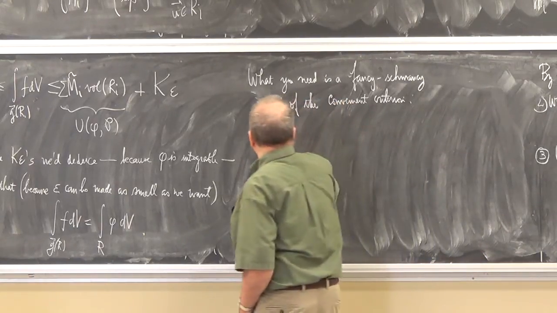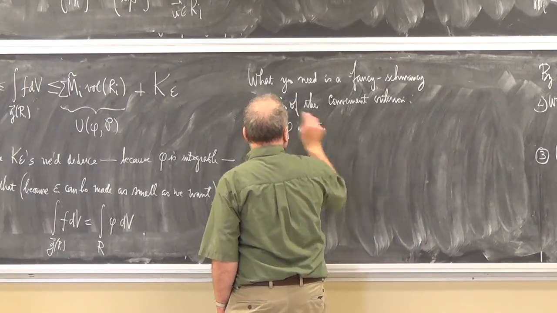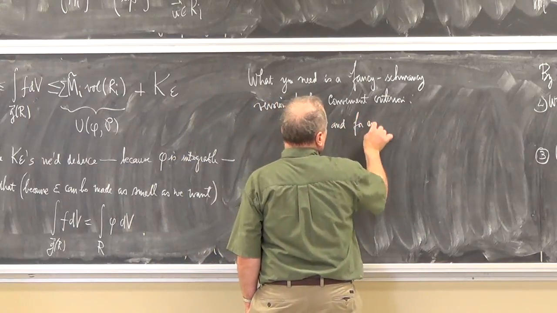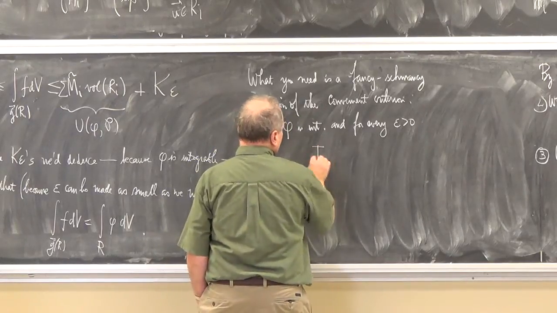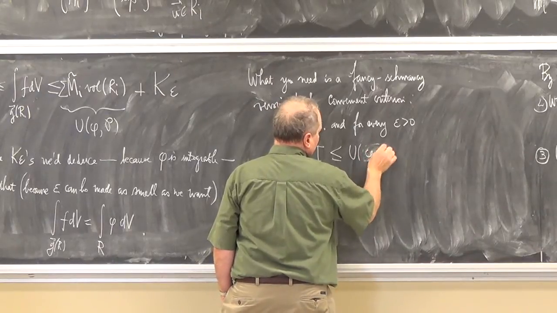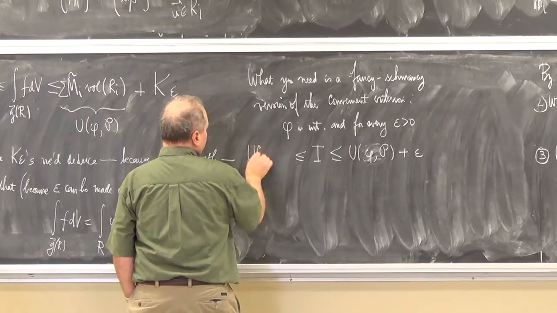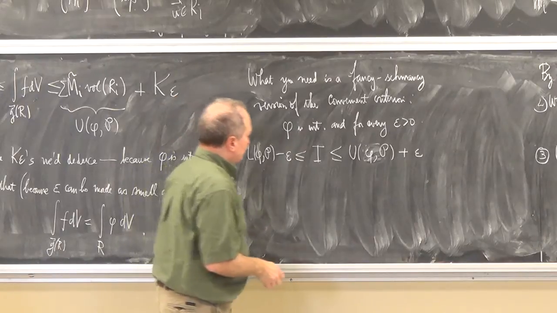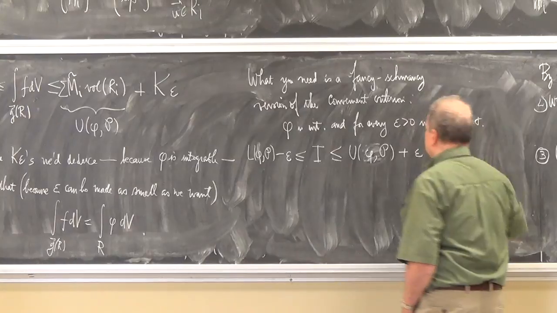So here is the version, basically. Suppose phi is integrable, and for each epsilon, we have a number I that's between the upper sum for phi plus epsilon and the lower sum for phi minus epsilon. We have a partition P so that this is true.